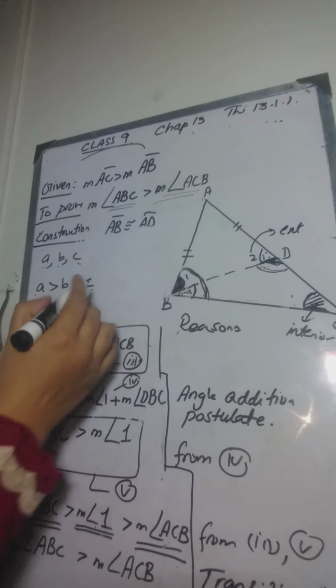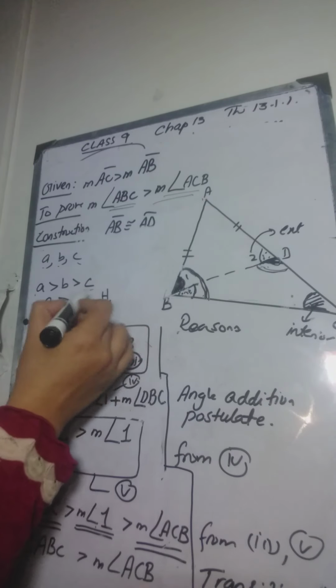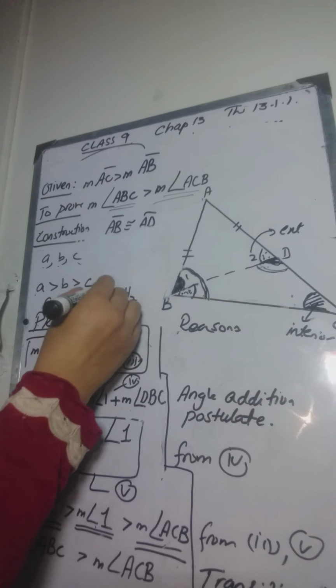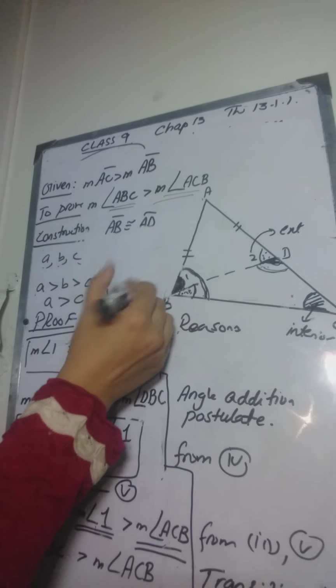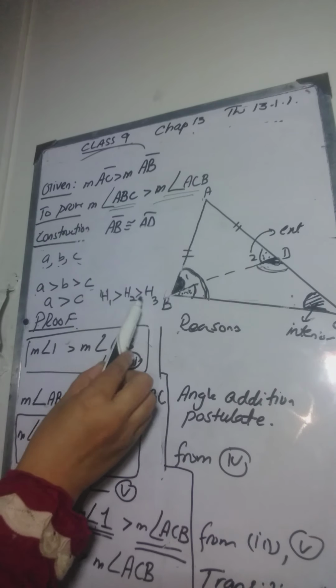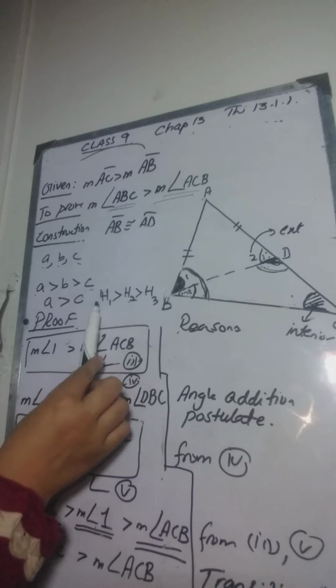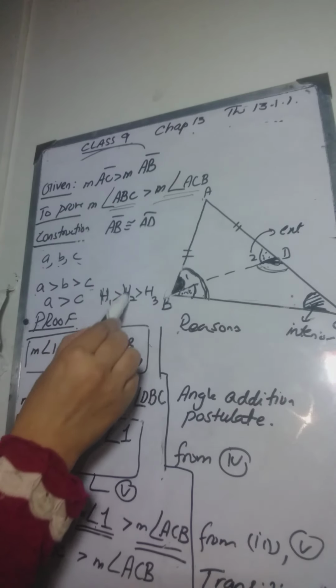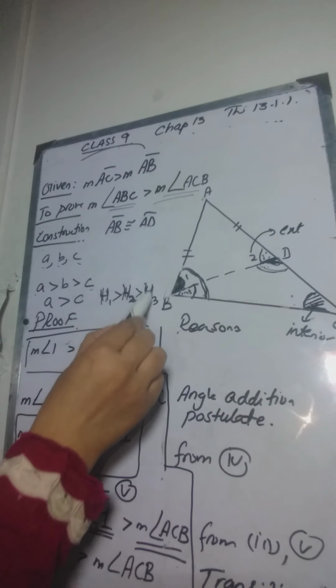For example, we have three children. The height of the first one, H1, is more than the second student, and there is a third student who is shorter than H2. So the tallest one will be this one, and then we have the height of the second and the height of the third.